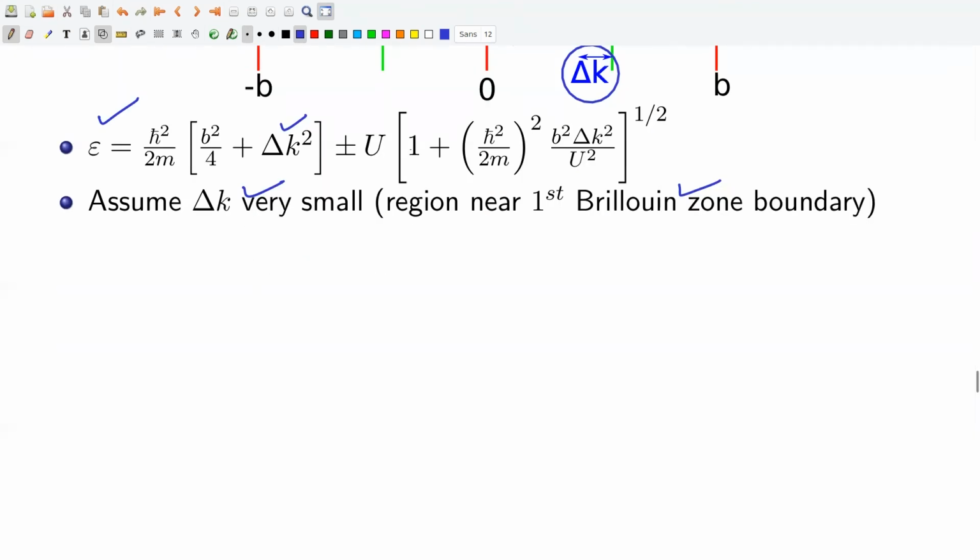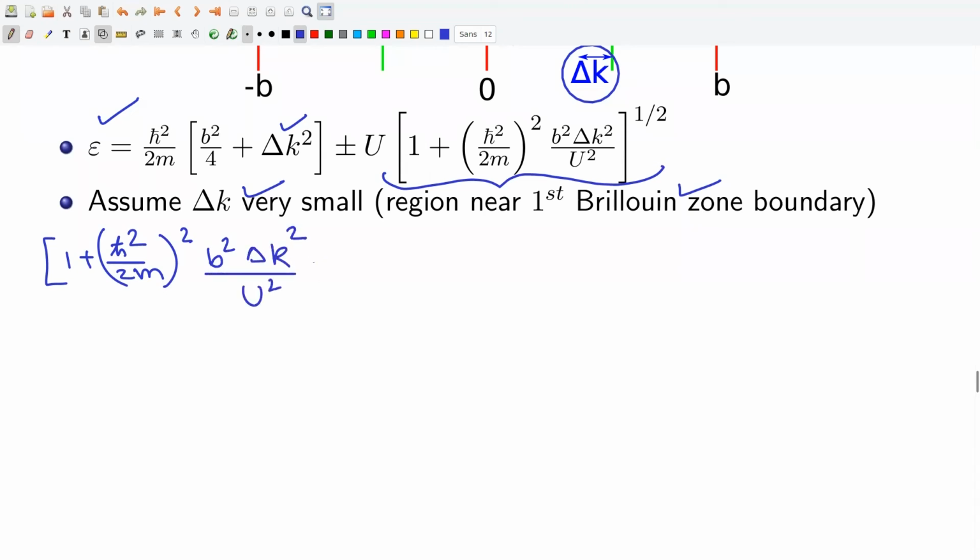In case of very small delta k, we can write this term, that is 1 plus h cross square by 2m whole square p square delta k square divided by u square whole power half.